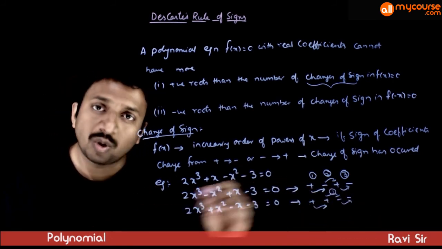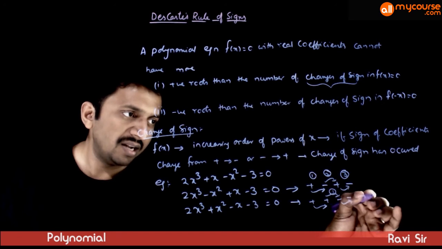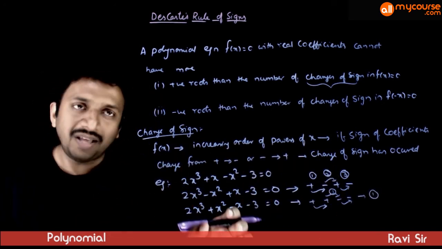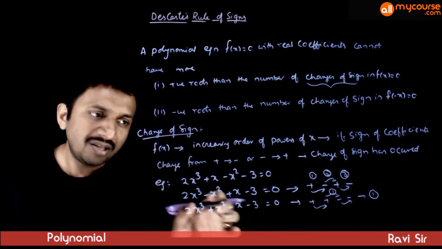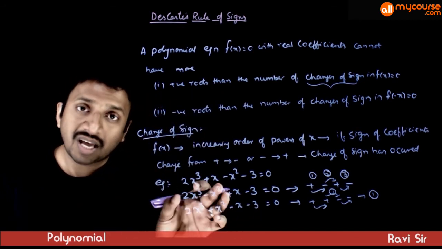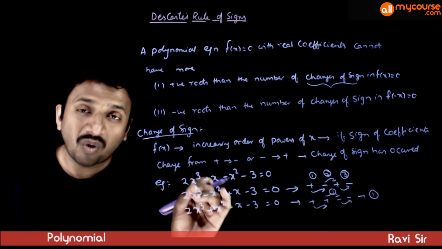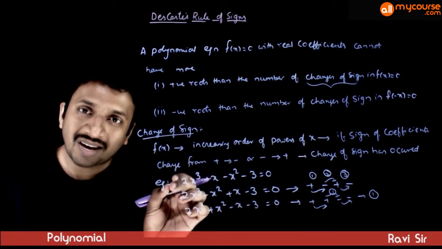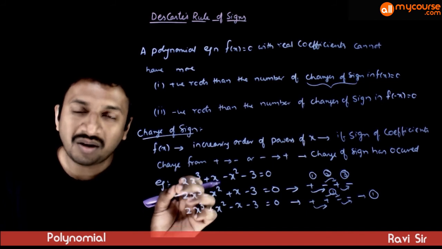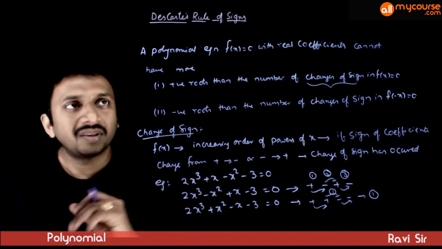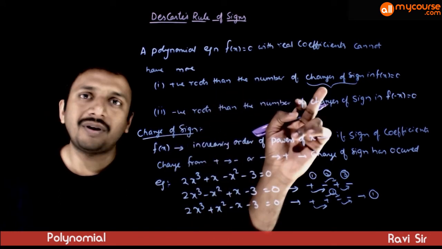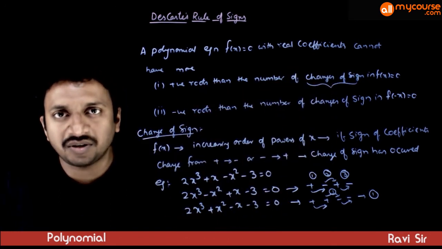Minus to minus, there is no change of sign. So there is a total of one change of sign. That means, according to Descartes' rule, this equation cannot have more than one positive root. The polynomial cannot have more positive roots than the number of changes of sign in f of x is equal to 0.